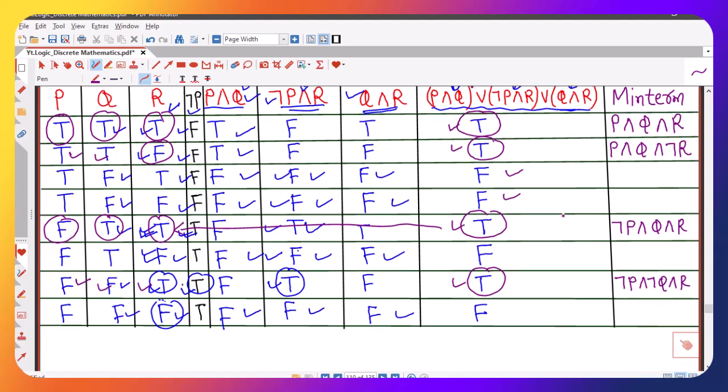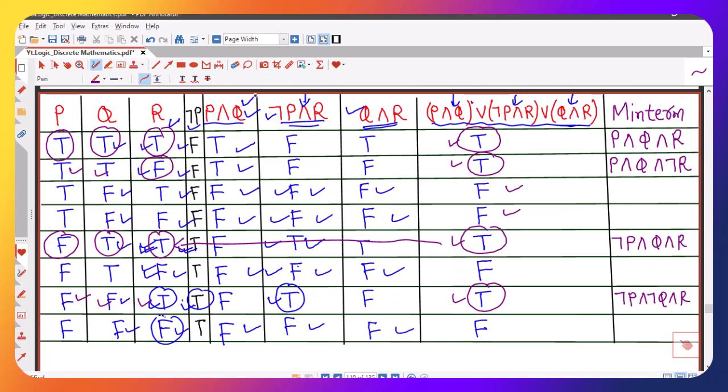So all we have to remember is we have to first write down the truth table for a given formula. Then we have to concentrate on the column corresponding to the given formula, and in that column we have to concentrate on those rows in which this formula has truth value T. And then we have to write down truth values of P, Q and R in such a way that this min term becomes true.